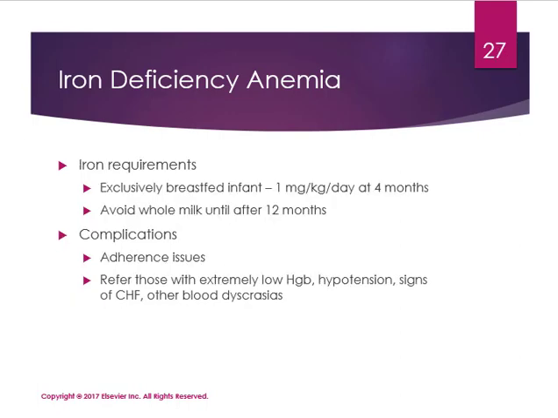Okay, so if you have a little one who's being exclusively breastfed and they're needing iron, you may be giving 1 milligram per kilogram per day at 4 months. We know it's important to continue this supplemental iron until the child is taking foods that contain iron in satisfactory quantities to maintain their iron levels.